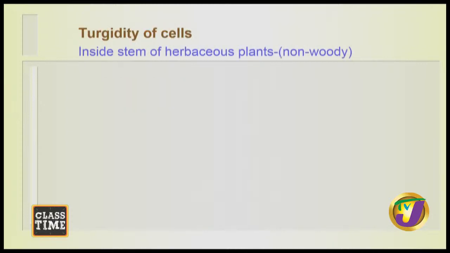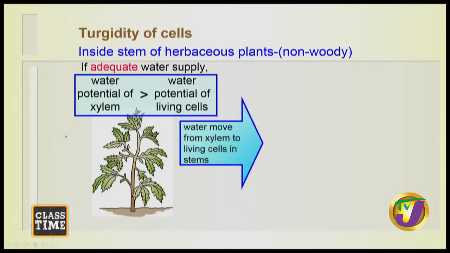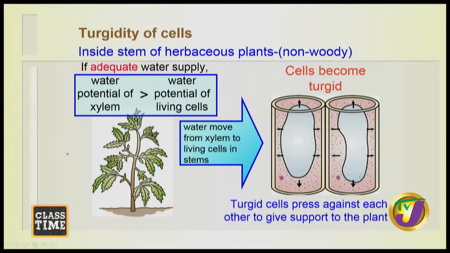So the turgidity, as I said, is not permanent, right? So the plant may look like this because there's a fresh, plentiful supply of water in the soil. As water moves into the cells, it increases the osmotic pressure within the cells, and so the cells become turgid. And as they become turgid, they help to support the plant.